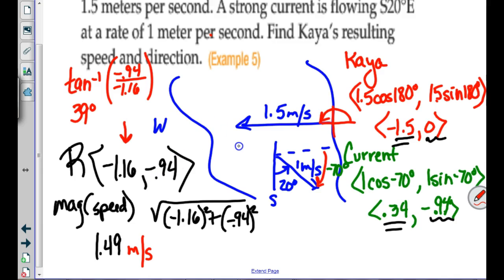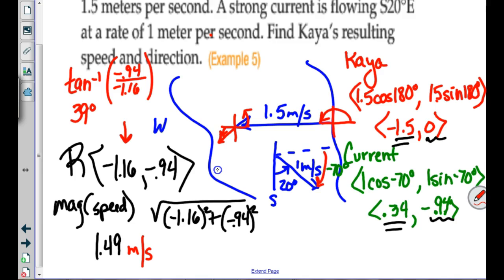We got to think about what's happening here. She's trying to swim west. The current's pushing her back this way. This is in quadrant 3. So we got an angle of 39 degrees here. But if we put it into quadrant 3, the 39 degrees would be there.